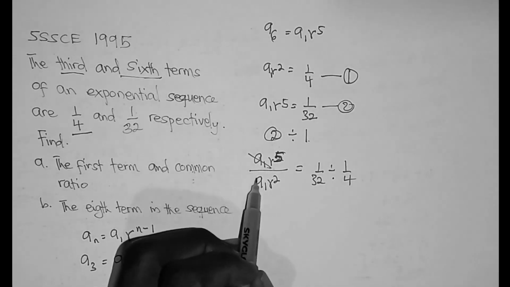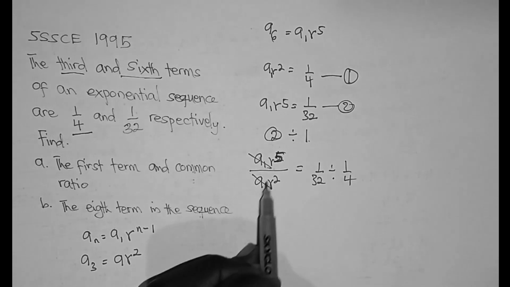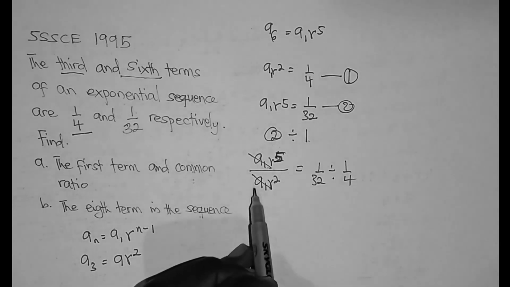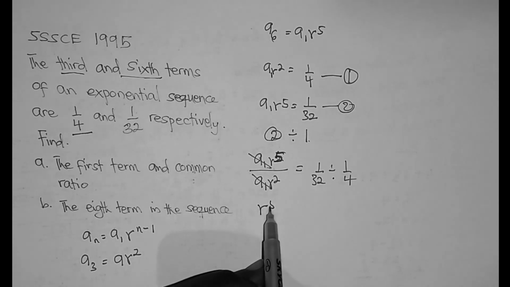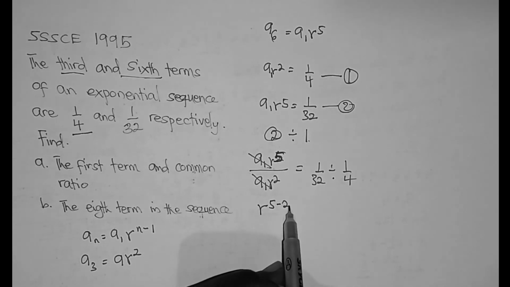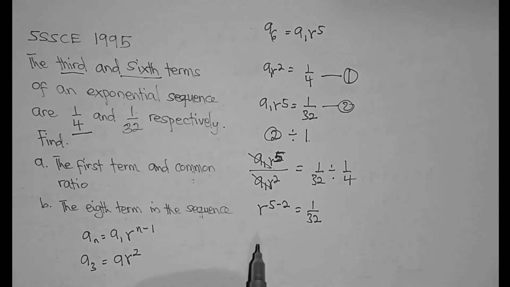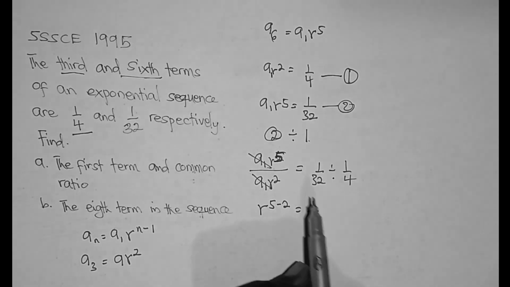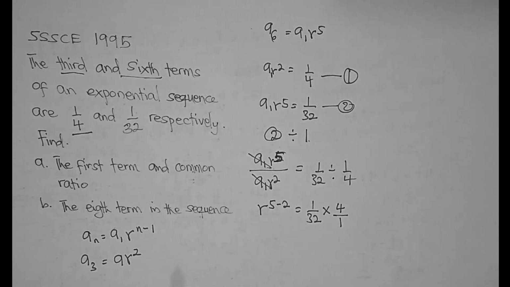So that a1 and a1 can cancel out. r exponent 5 divided by r exponent 2, we can use indices. It becomes r exponent 5 minus 2 equals 1 over 32 divided by 1 over 4. I'll change the division to times, so that I'll write 4 over 1. So that r exponent 5 minus 2 becomes r exponent 3.